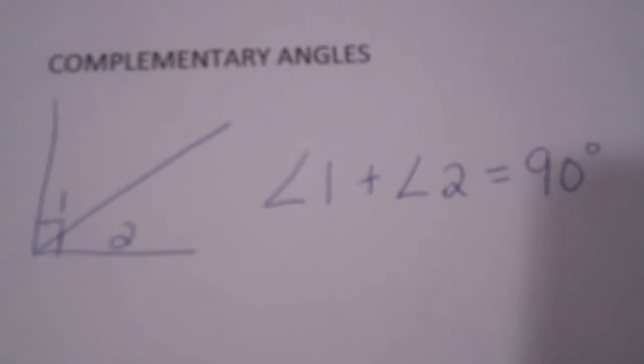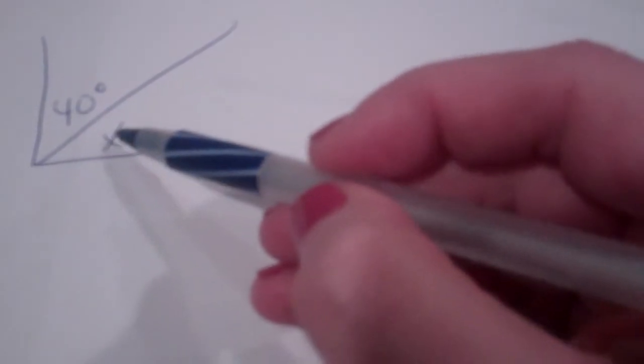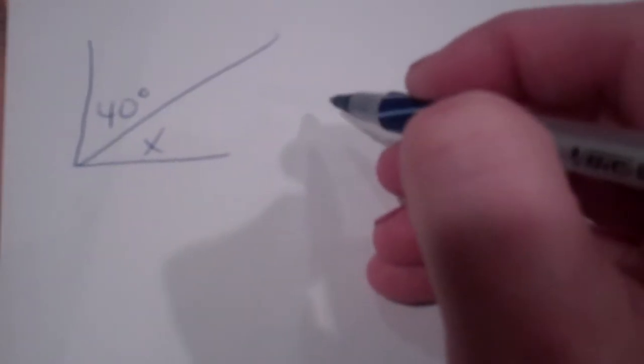Now let's see that in an example. So let's say I have the following example. I have an angle that is 40 degrees and an angle that is missing, and I want to find the x.